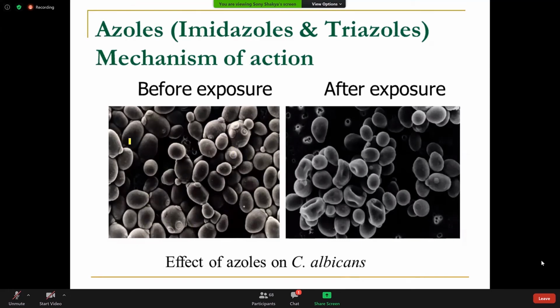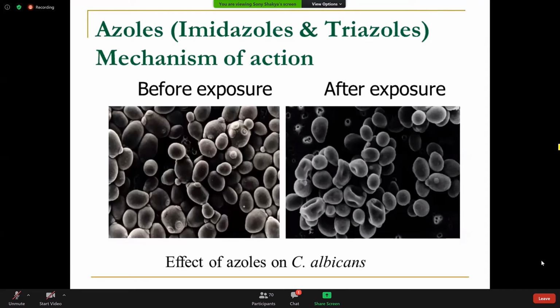We must also have seen fungal growth in our vicinity; when we look at mold cells, if they are well formed we know they are healthy, and if they are destroyed they are not healthy. So this is Candida albicans, their growth is about to happen and the membrane is so smooth, you can see they look so healthy before exposure. Now after exposure to the azoles you can see they are wrinkled. There you can see shrinkage in many of them, and they are numberless, that means the membrane fluidity is lost as there is lack of ergosterol, as lanosterol is not converted to ergosterol in presence of azole. So they will definitely die, further reproduction won't occur, and their growth will cease.